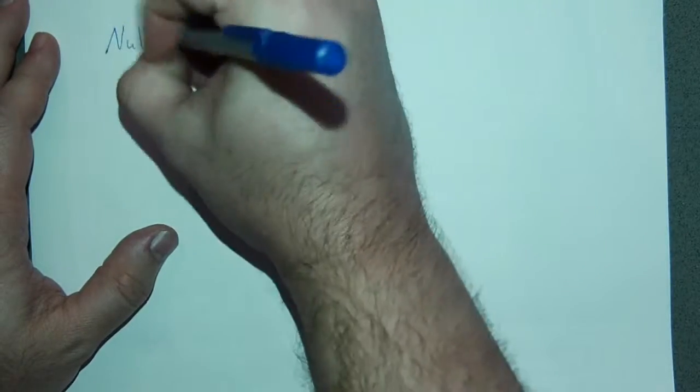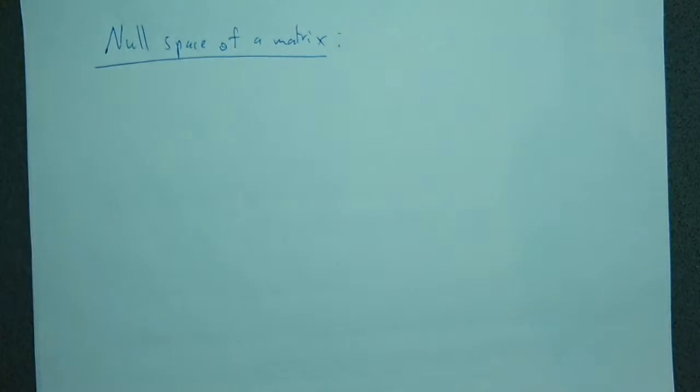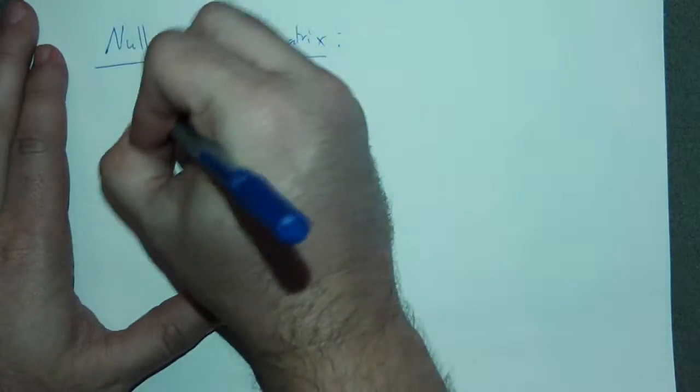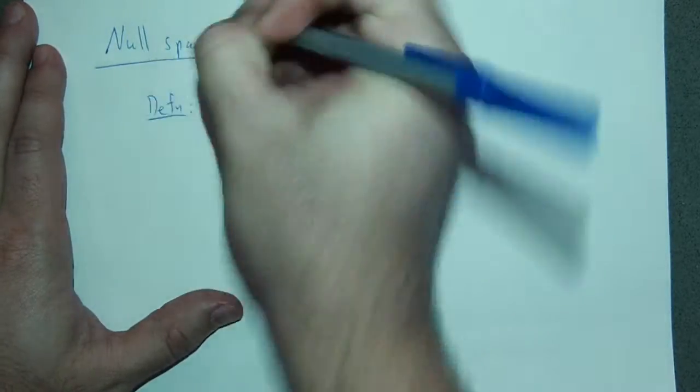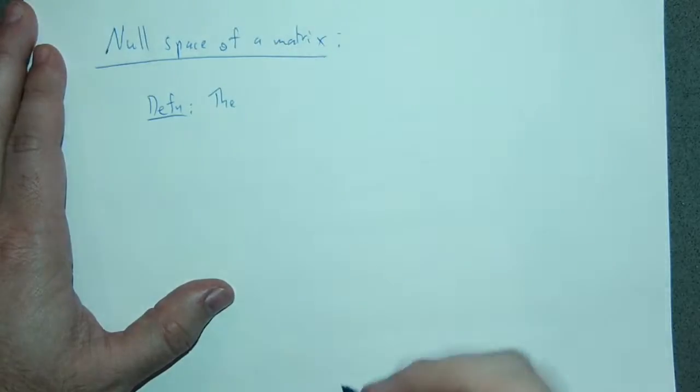And so here's the first quantity: the notion of the null space of a matrix. So the definition: we can define the null space for a rectangular matrix.